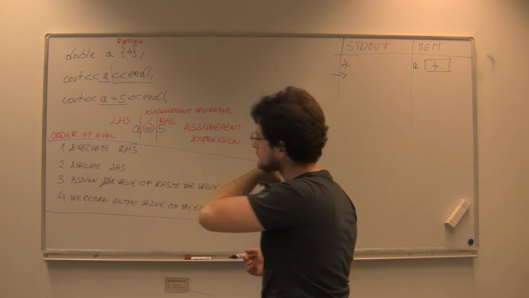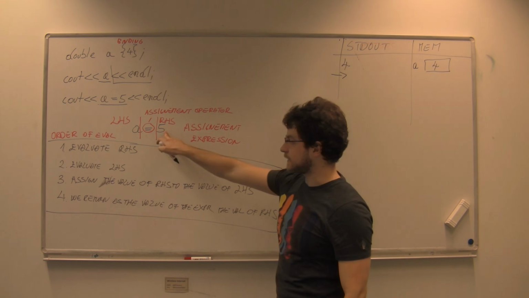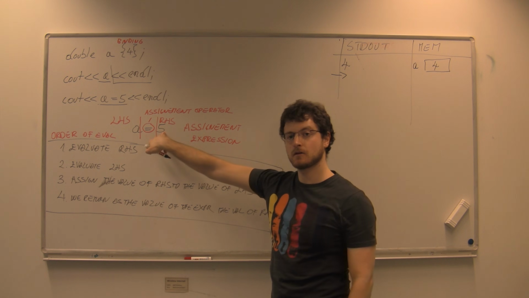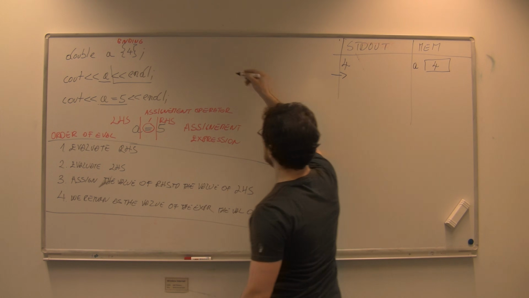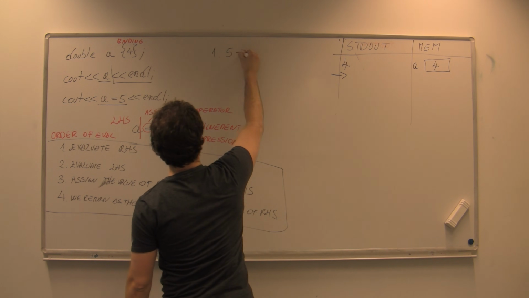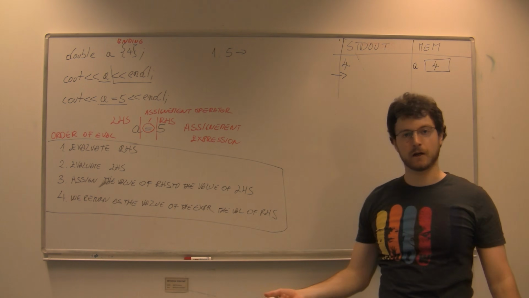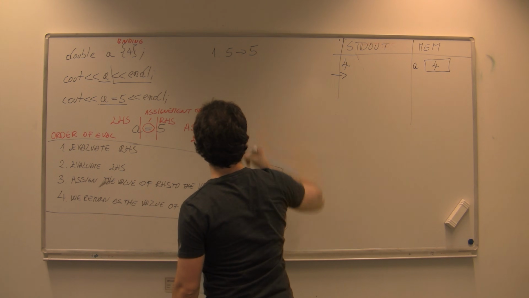So the first step says evaluate the right hand side. The right hand side is a literal, a number 5. So the first step, number 5, because it's a literal, it evaluates to itself. So the value is 5.